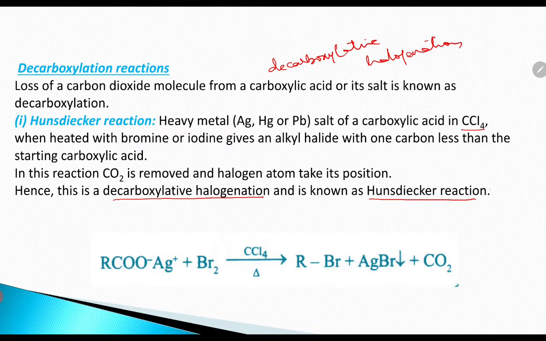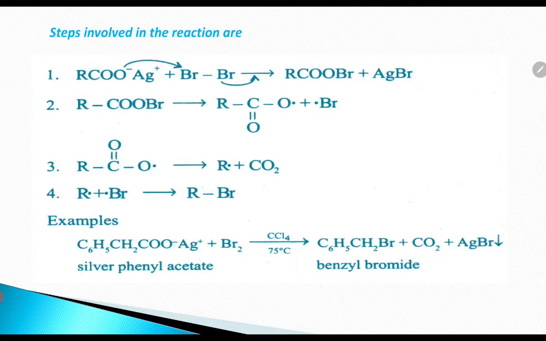The general equation is RCOO minus Ag plus, that is, heavy metal salts of carboxylic acids undergo this reaction. When reacted with bromine in the presence of carbon tetrachloride, we get the product alkyl halides with the elimination of CO2. Let us see the mechanism.